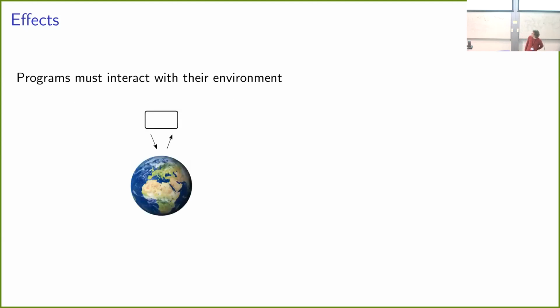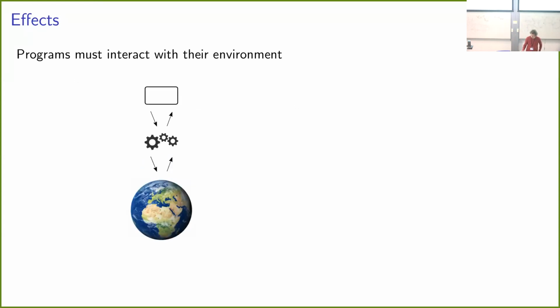Generally programs need to interact with their environment as well as maybe computing some result. And typically they don't talk straight to the outside world. They might go through some runtime system or operating system.